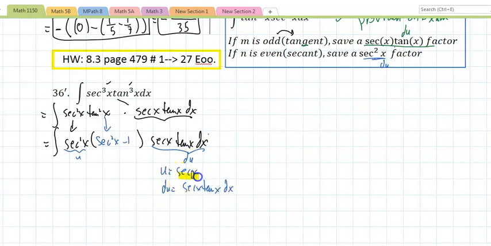So if I let u equal this secant right here, du is right there. This will be the integral of u squared, this is u squared minus 1, and that's simply du. That easy.